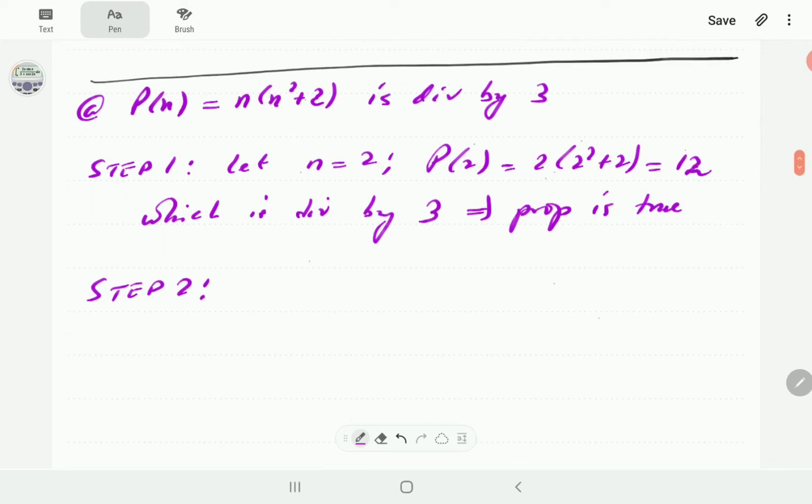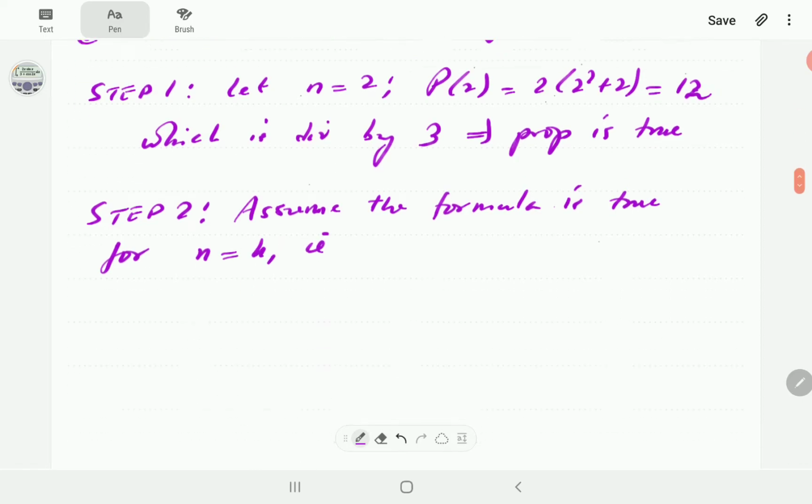So in step number 2, which we said is the hypothesis step, we assume that the formula or proposition in this case is true for n equals k.